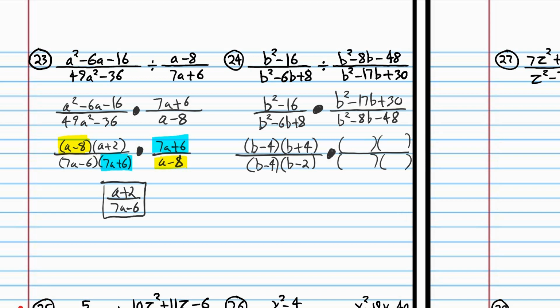Let's see here. What two numbers multiply to 30 and add up to negative 17? Looks like that's going to be minus 2 and minus 15. And what two numbers multiply to negative 48 and add up to negative 8? I think that's going to be negative 12 and positive 4. That's not one of your multiplication facts, so you might have had to get your calculator out for that one. All right, and it's time to cancel out. That's the fun part.